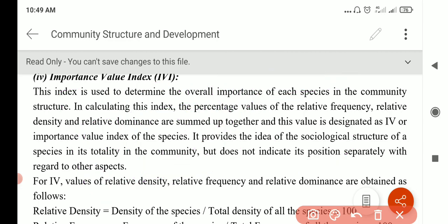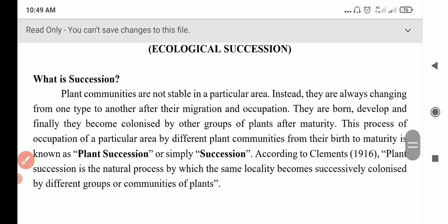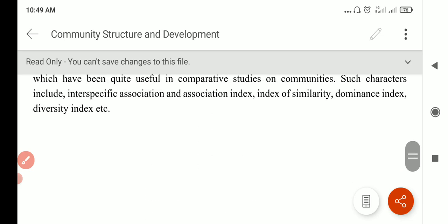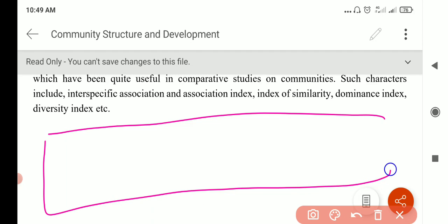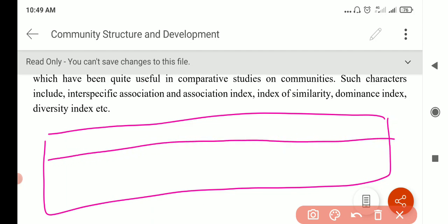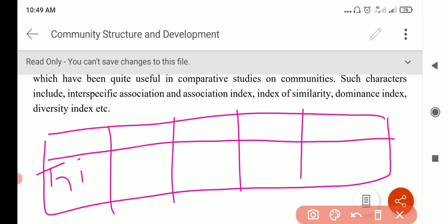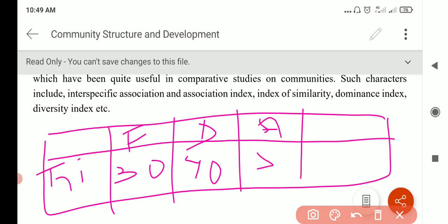I want to draw a better one. I want a blank place. Okay, here I think will be better. Let's say I am trying to draw an importance value index. I'll show just one example. Trifolium: the frequency I found to be 30, then density was 40, abundance was 50, and then basal area was, let's say, 60.